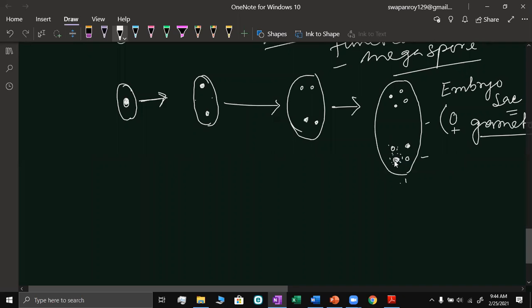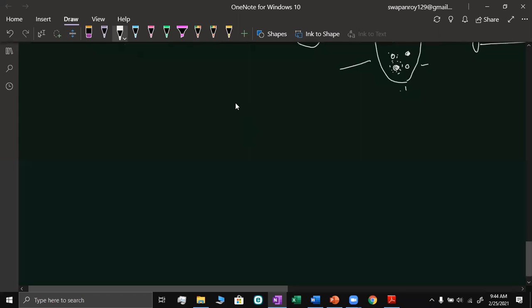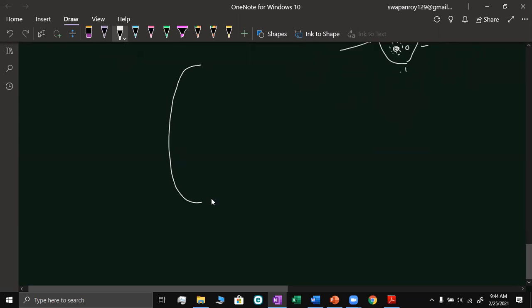Membrane will form around the nucleus and that will form a cell. So within this large cell, that is the embryo sac, now several cells will be formed.